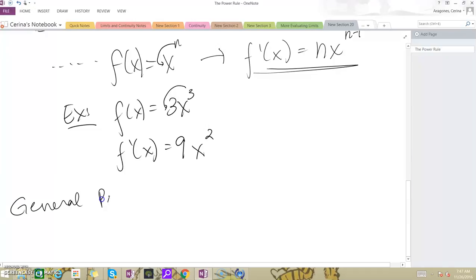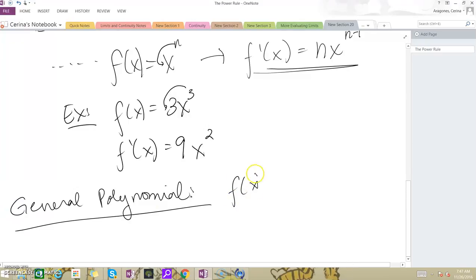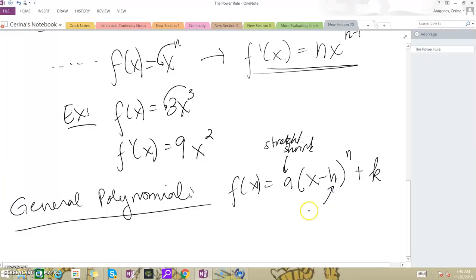So a general polynomial is in the form a, a coefficient, times a shift to the right or left, to the nth power, and a shift up or down. So if you remember from pre-calc, this is a stretch or a shrink. This is a shift right or left. And this is a shift up or down.